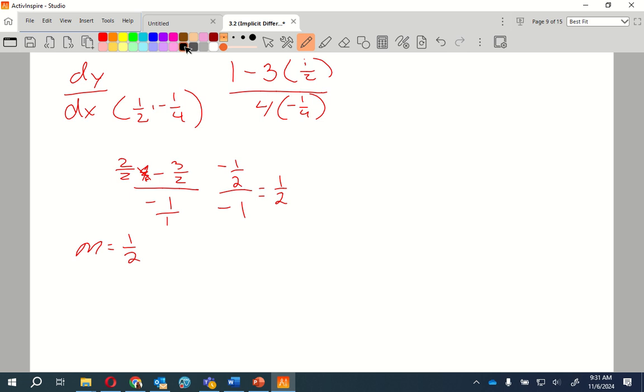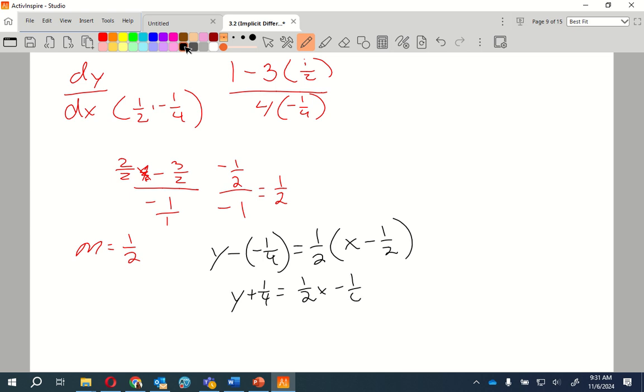So since I have m and the points, it's going to be y minus negative 1 over 4 equals 1/2 times quantity of x minus 1/2. So y plus 1/4 equals 1/2 x minus 1/4.